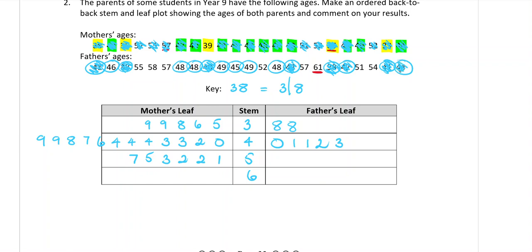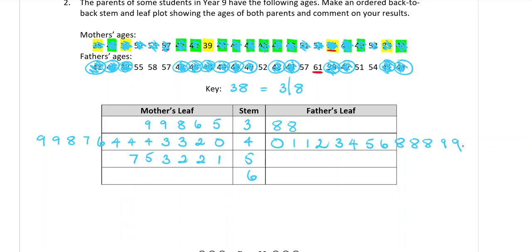Yeah, right at the end, just one of those. About a 45? Yes, one of those. Is there a 46? Yes. Is there a 47? No. But 48, there's 1, 2, 3 of them. So 8, 8, 8. And 49 is 2 of those.